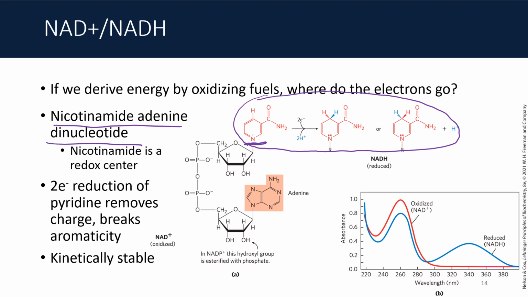It is aromatic, and therefore it will absorb very well in the UV region. And you can see that as the red curve in this electronic absorption spectrum of NAD+ versus its cousin, NADH.